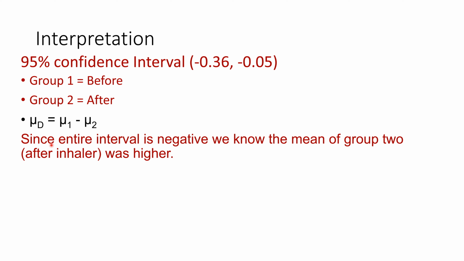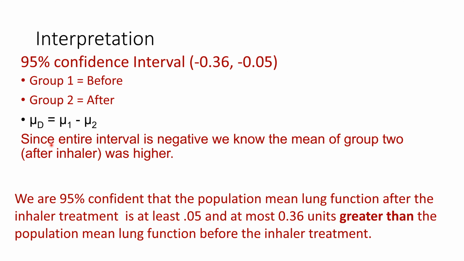Since the entire interval is negative, we know the mean of group 2 after treatment was higher. So we are 95% confident that the population mean lung function after the treatment is at least 0.05 and at most 0.36 units greater than the population mean lung function before the treatment.